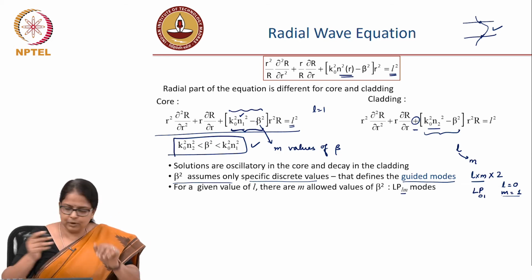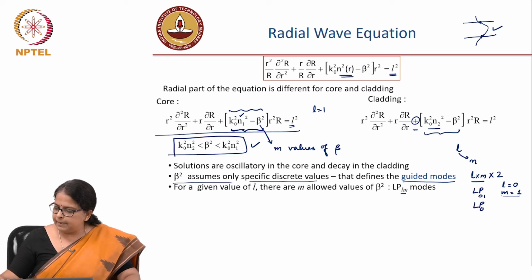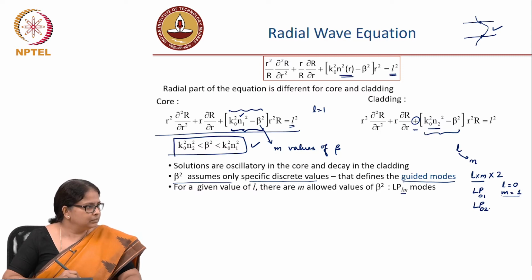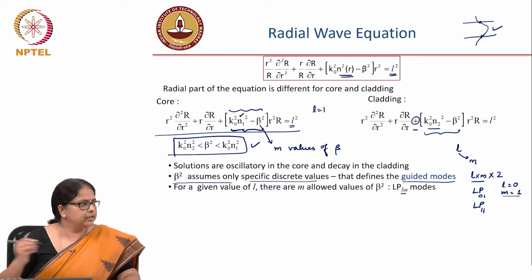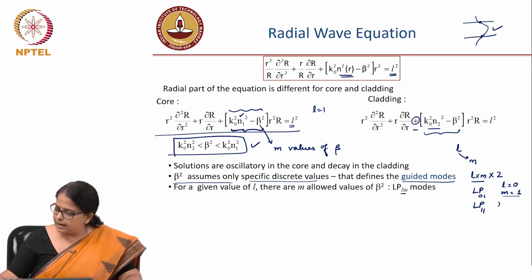But suppose I take a mode which is, let us say, LP02, or let us not take LP02, LP11 for instance. So, I have L equal to 1 and m also equal to 1.